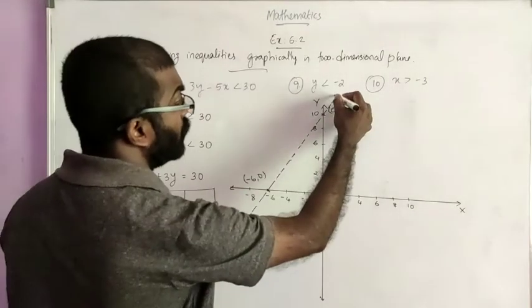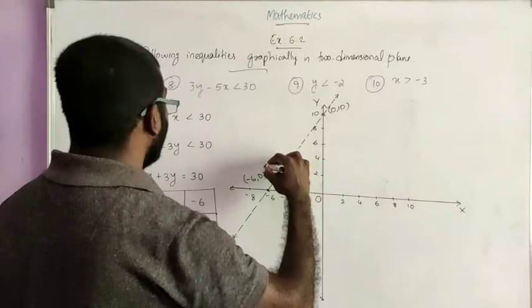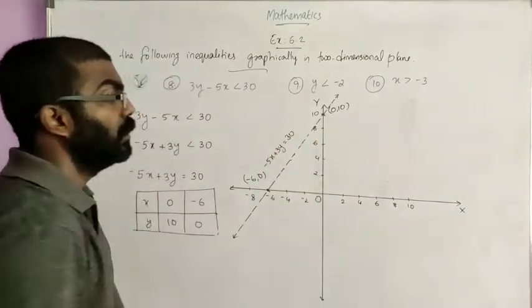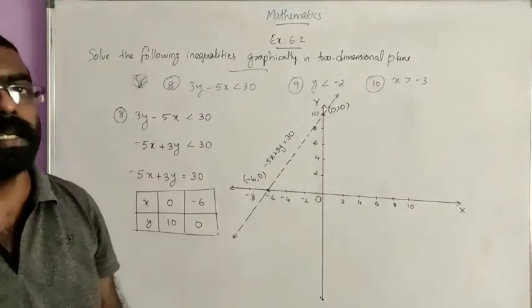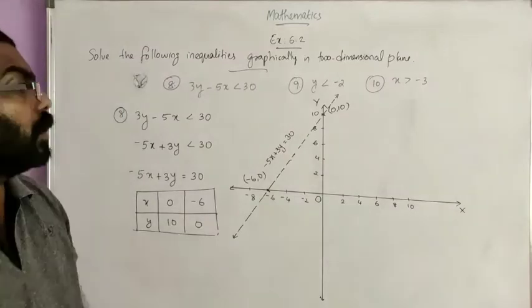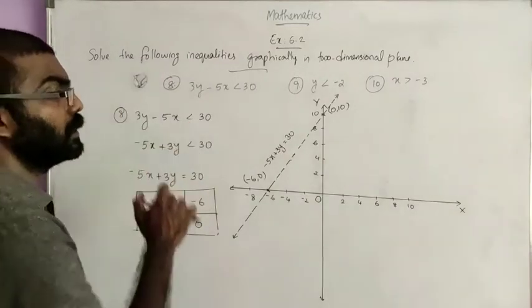So here we can write minus 5x plus 3y is equal to 30. Now we have to find the solution region. Clearly the points on the line will not be a solution, because it's a strict inequality, less than 30.